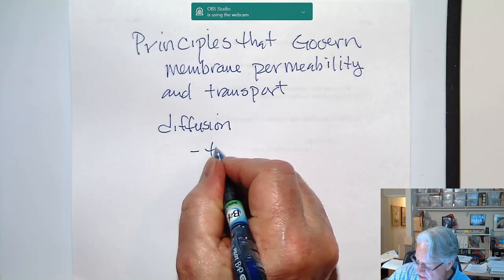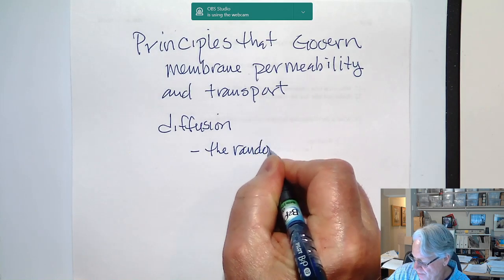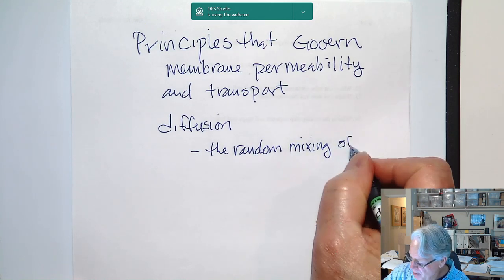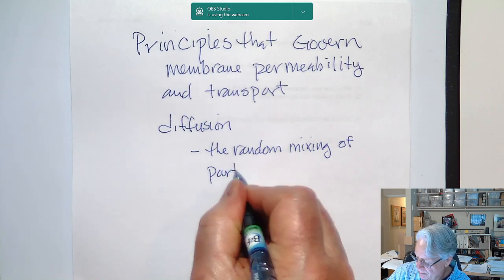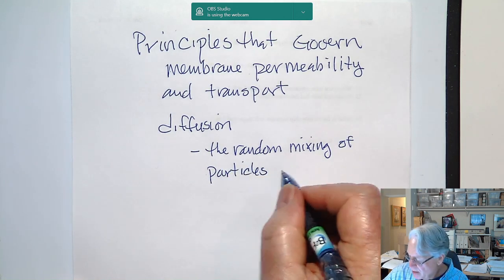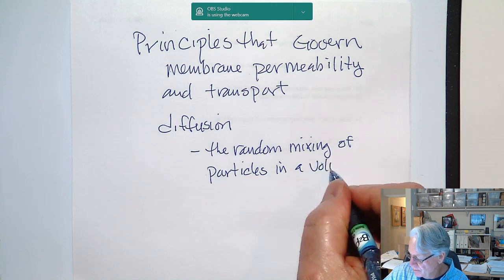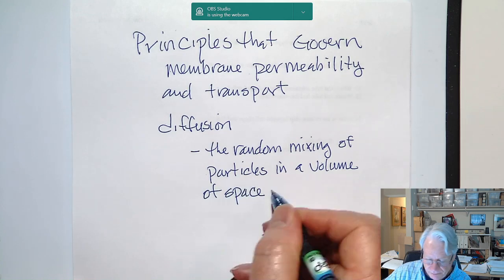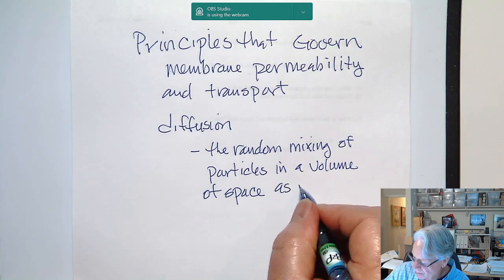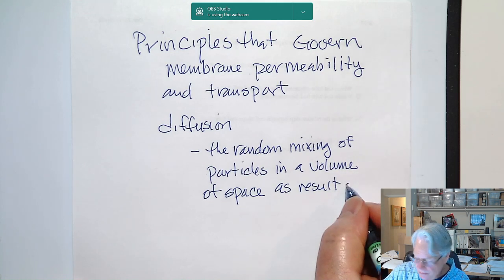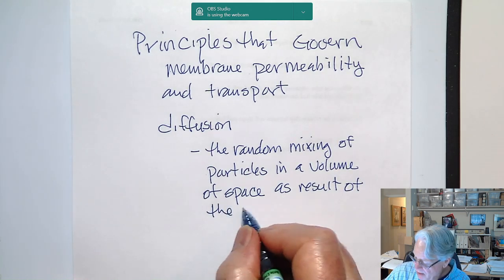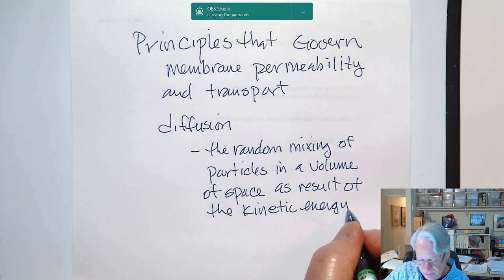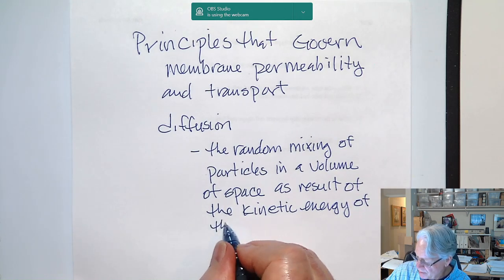So this is going to be the random mixing of particles in a volume of space as a result of the kinetic energy of the particles.